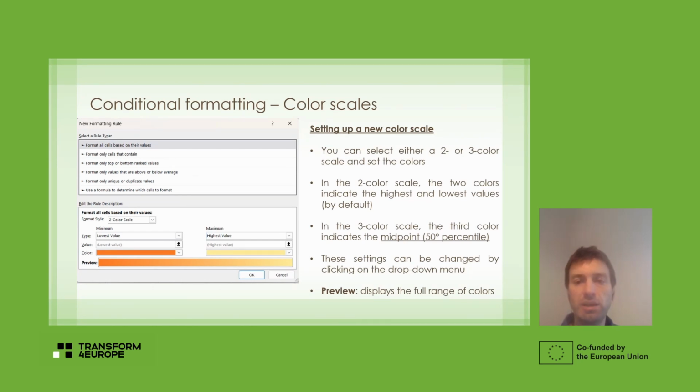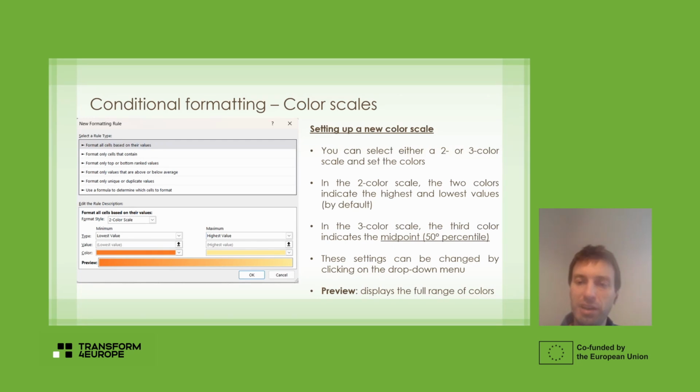In this case, if we want to add the third color, by default, the third color will correspond not to the average value of the range, but to the 50th percentile of the data, okay?